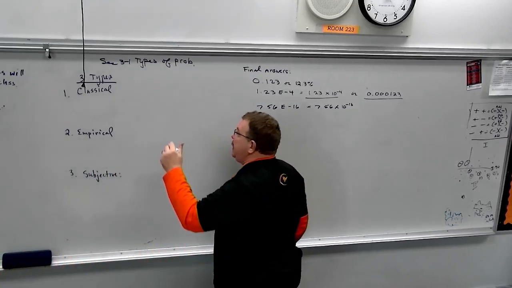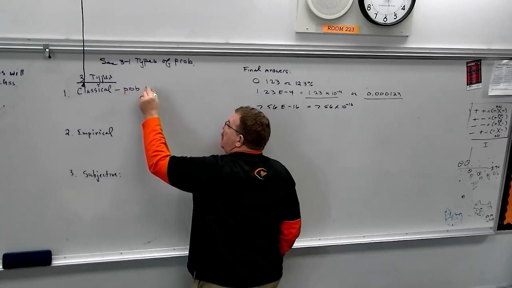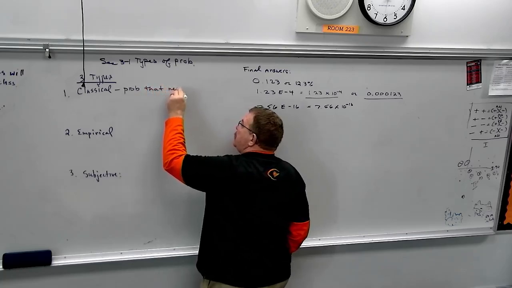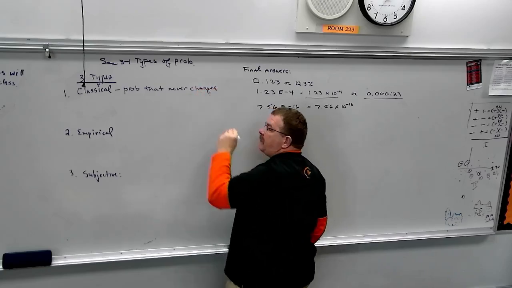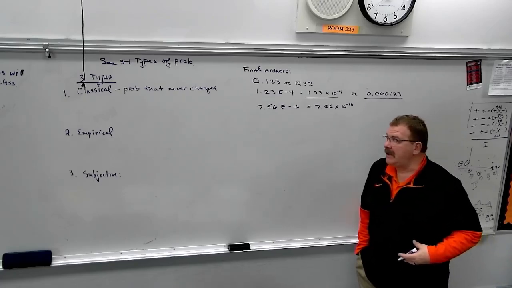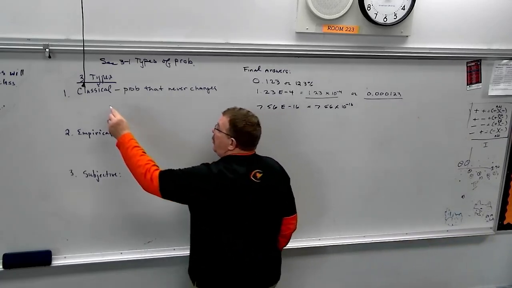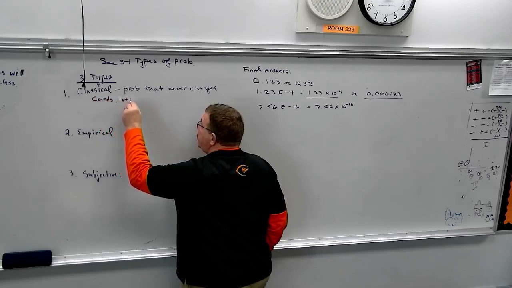Classical probability is probability that never changes. It's the same probability day after day, month after month, year after year. The perfect example of this would be cards, the lottery.